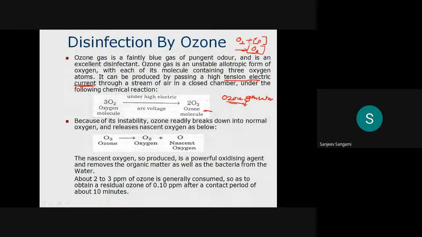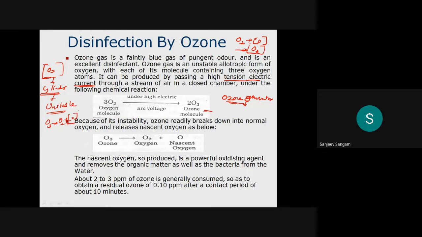Because of its instability, ozone readily breaks down into normal oxygen and releases nascent oxygen as follows. If you are storing any O3, it has to be stored in leak-proof cylinders. If it comes out, since it is unstable in nature, O3 immediately dissociates into O2 plus nascent oxygen.